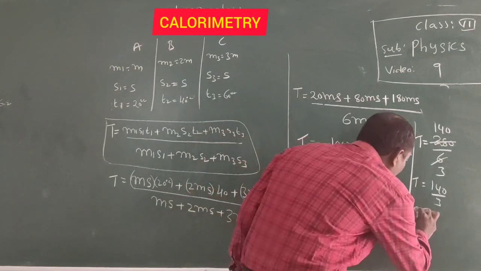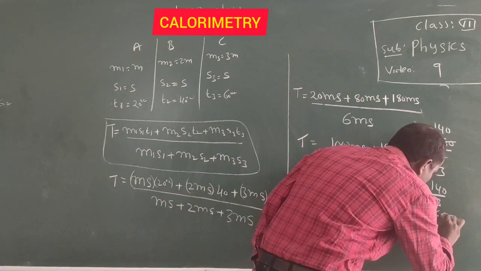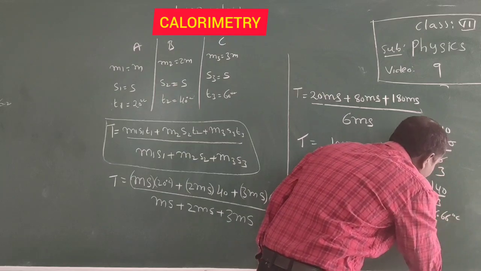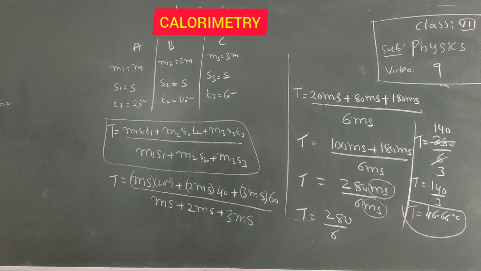So here T equal to 46.66 degrees Celsius. It is the resultant temperature of A, B, C.